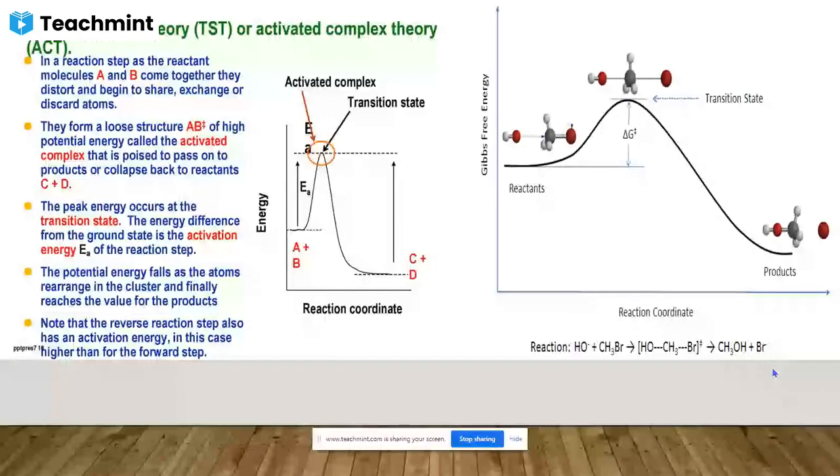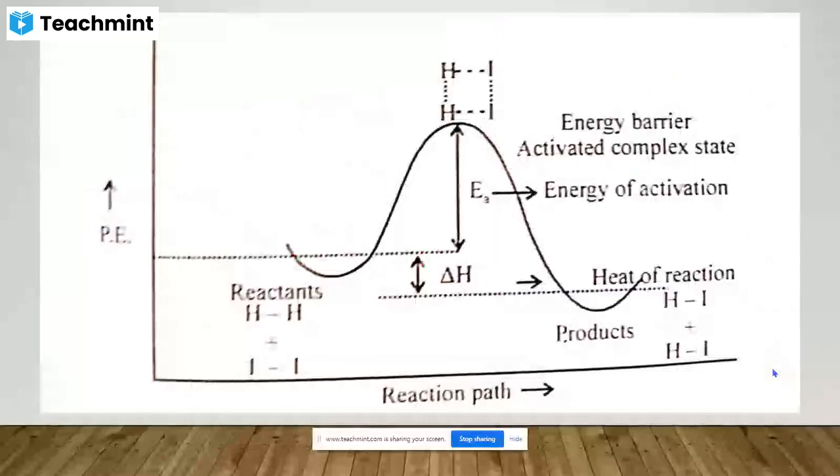The important note is that the reverse reaction step also has an activation energy, and in this case it is higher than for the forward direction step. Next is the energy barrier diagram, showing how the energy of the reacting molecules increases.